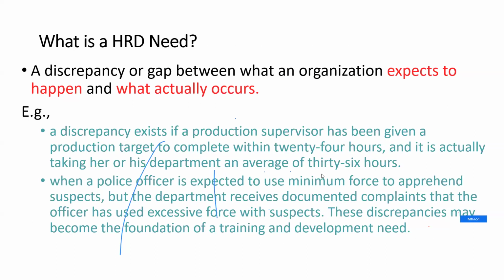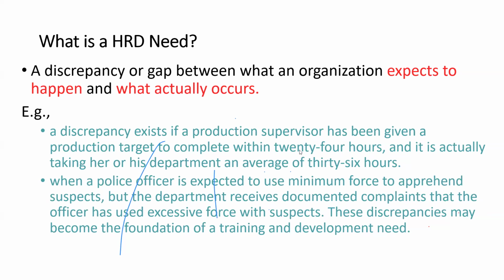Because here, for example, if this employee is expected to complete the target within 24 hours, but he is taking 36 hours, right? So through a training intervention, through a development intervention, if we can reduce it to 24 hours, obviously the resources are saved, right? In that case, the company can increase the performance of this employee.